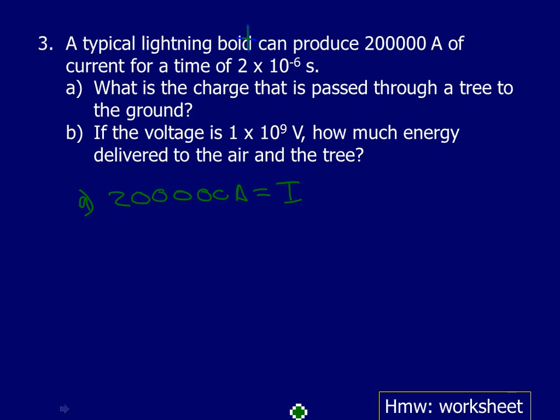It's I. In 2 times 10 to the minus 6 seconds. What is that in our symbols? That's a T. What can I get if I have I and T? Yep. I can get Q.